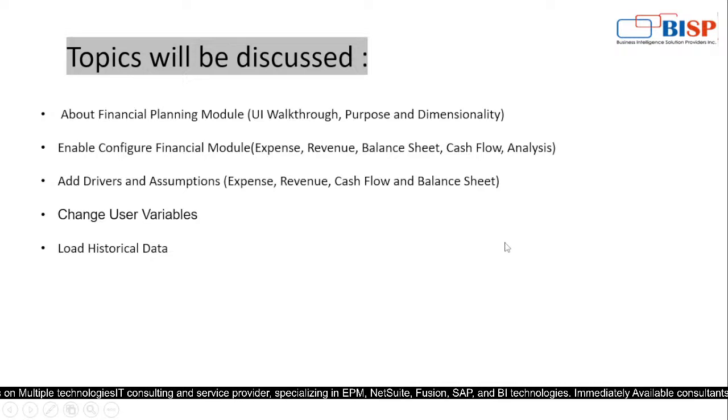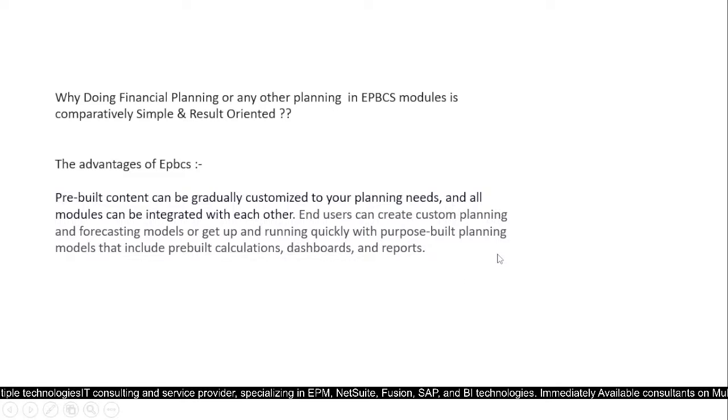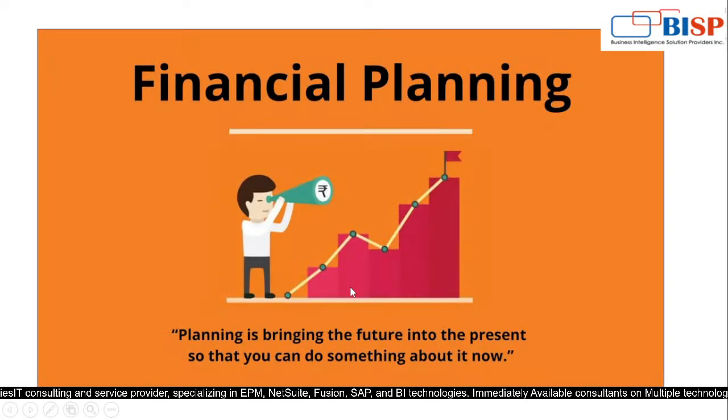So guys, if we talk about financial planning, let us understand what this is and why we are doing this. Financial planning is bringing the future into the present so that you can do something about it right now.